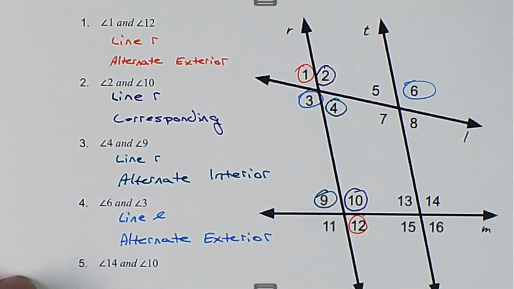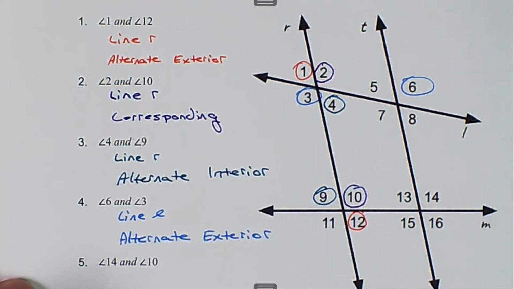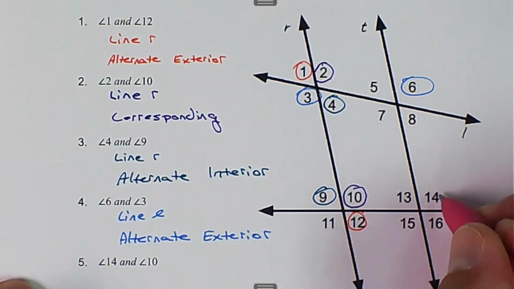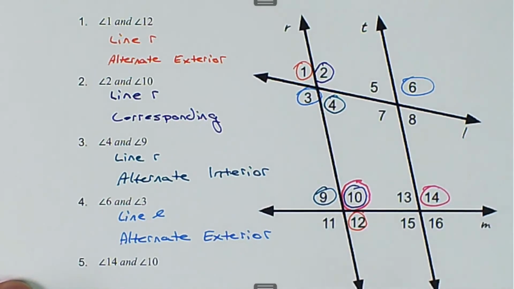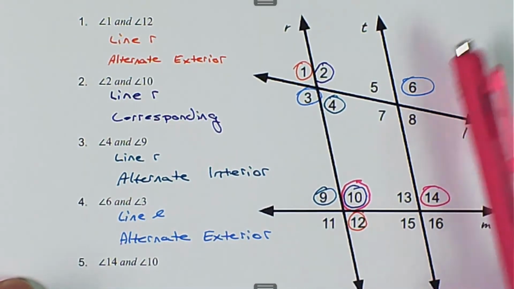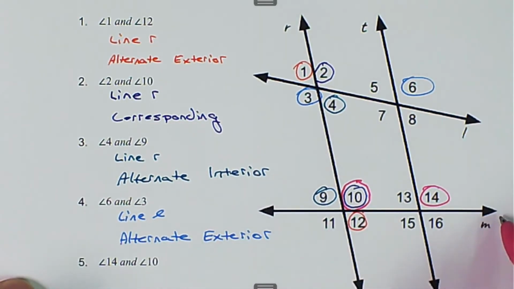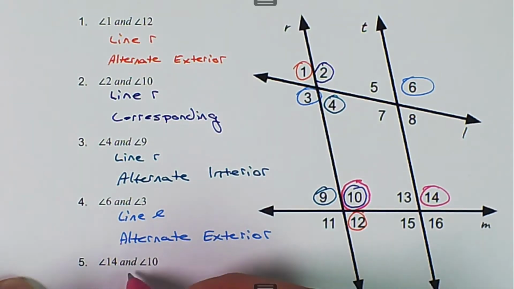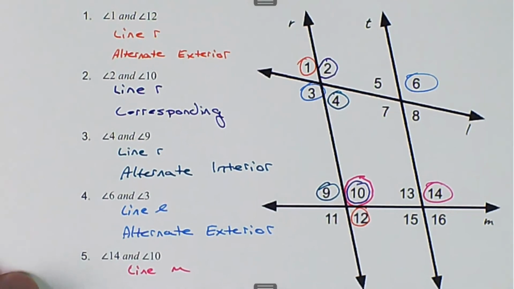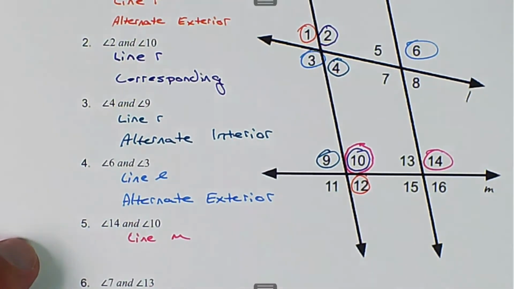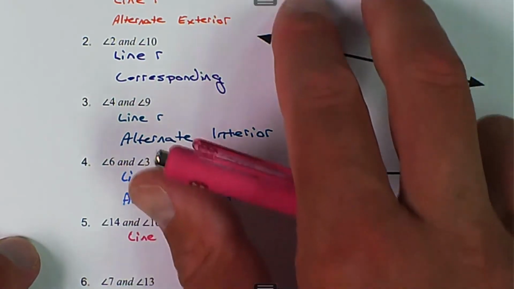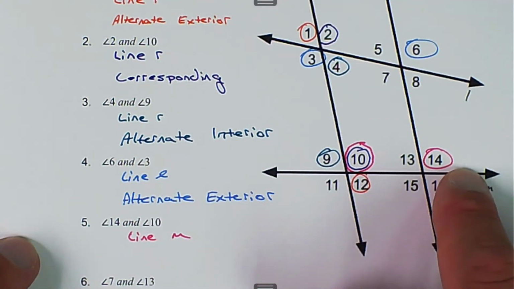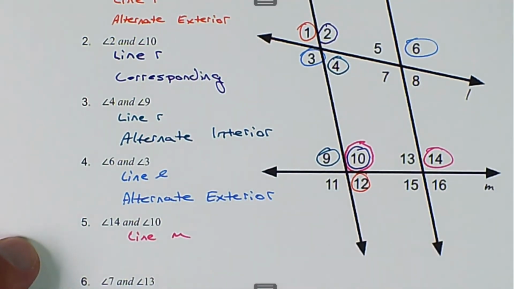We have angle 14 and angle 10. Here's angle 14, and we already did angle 10 once before right there. Again, our transversal is going to be line M. 10 is interior between R and T, but 14 is not, so it's not going to be any of the interior or exterior ones.